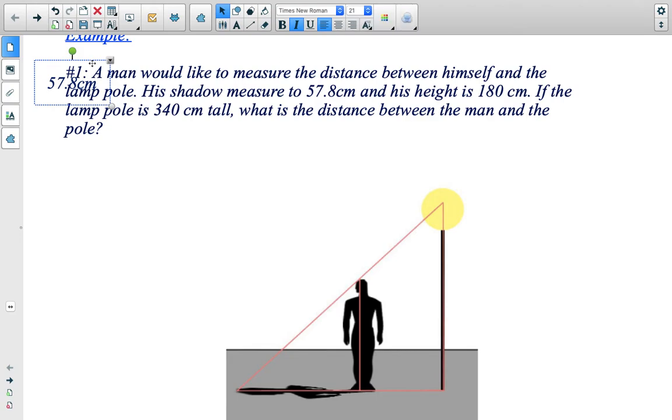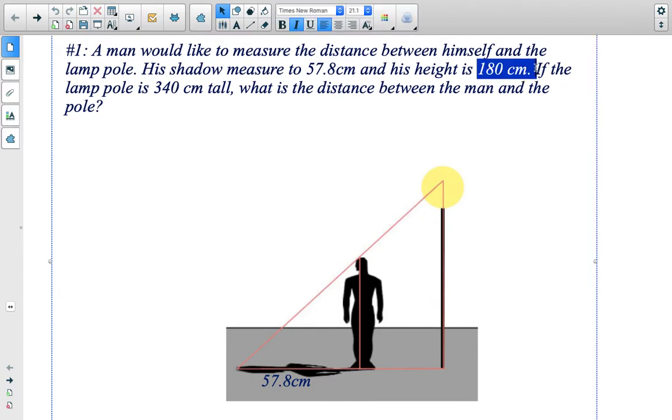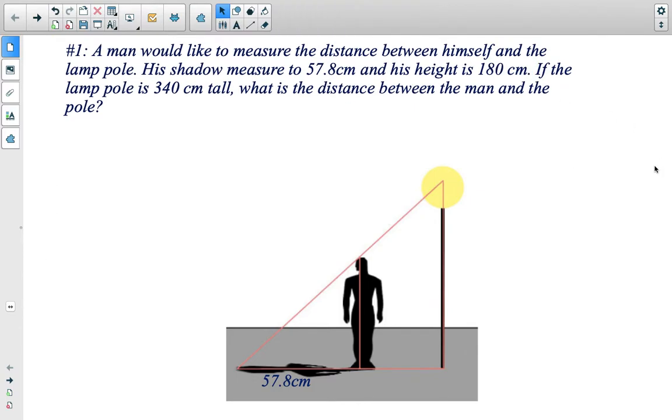So if I were to put that down under his shadow, that would go right about there. Okay. And his height is 180 centimeters. So far we're good with our units. Everything is consistent. So 180 centimeters is his height.